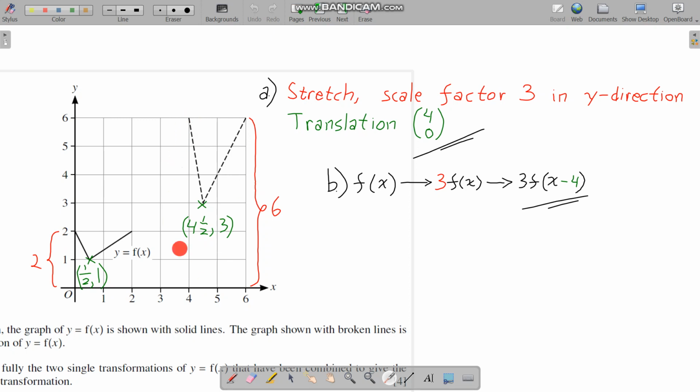If it's 3 times taller, of course we have a vertical stretch in the y direction, and after we stretch, we move the whole graph 4 units to the right. So translation is 4, 0.